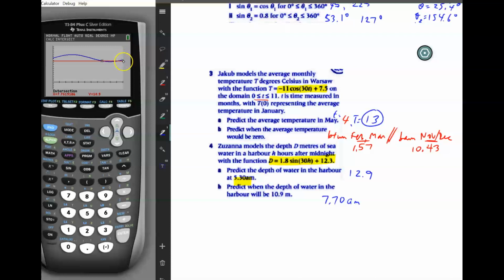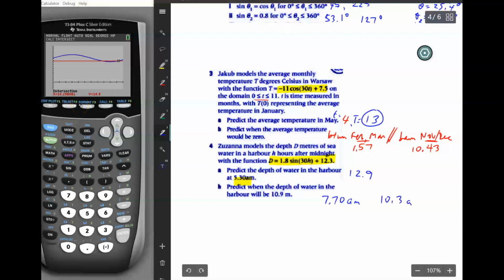Maybe like 11. So we'll try that again. Second calc intersect, number 5. First curve, enter. Second curve, enter. And then we'll type in 11. And it'll give us the other one, which is 10.3 a.m.